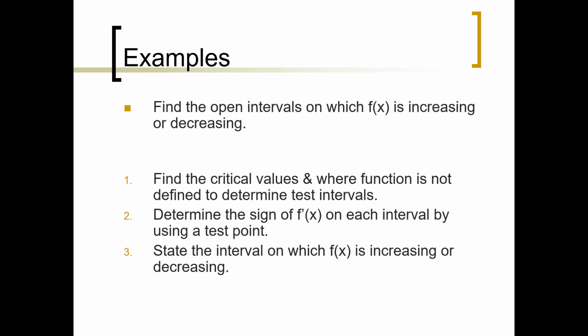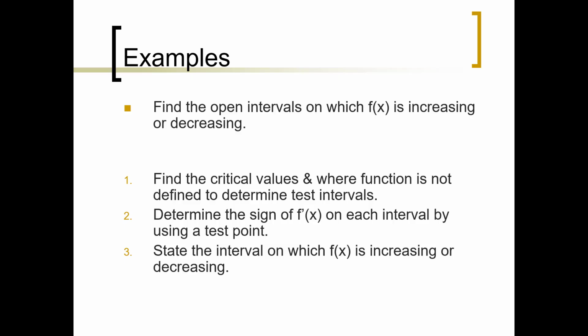To find the open intervals on which the function is increasing or decreasing, all we do is find all the places where the derivative is 0 or where it doesn't exist in the domain of the function, and also where the function is discontinuous. These numbers, where the derivative is 0 or where it doesn't exist in the domain of the function, are called the critical values. That's what we had before.